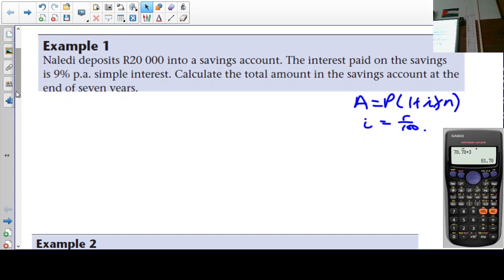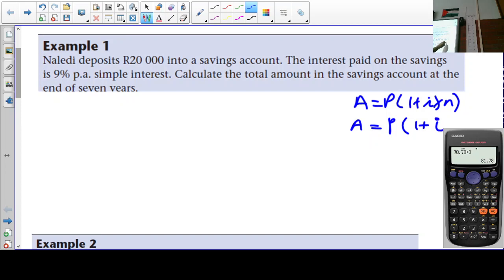So which formula is this for? Simple interest. Now if you look at compound interest, what's the compound interest formula? Who can remind us? A equals P into 1 plus I, to the exponent N. What does A represent? Final amount, same as before, which also can be calculated as your principal plus your interest.